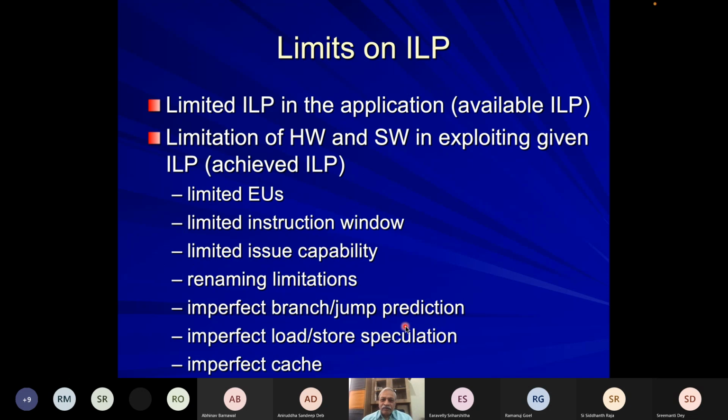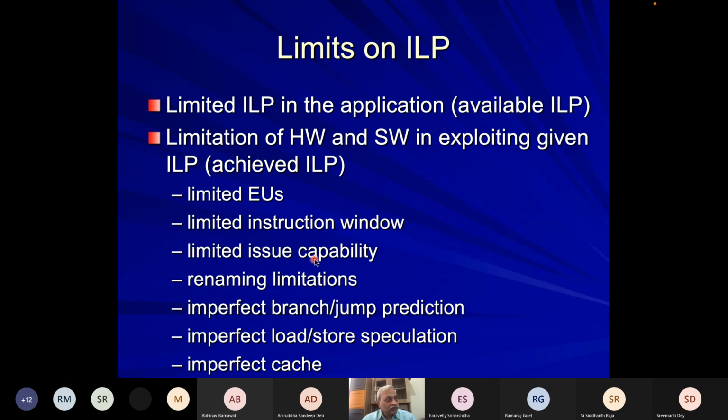So there is a fundamental limitation, that is available ILP, and then there is a limitation because of the way you are trying to exploit it. So the hardware limitations come because of limited number of EUs, limited instruction window which you are analyzing, limited number of instructions you can issue at any given time.